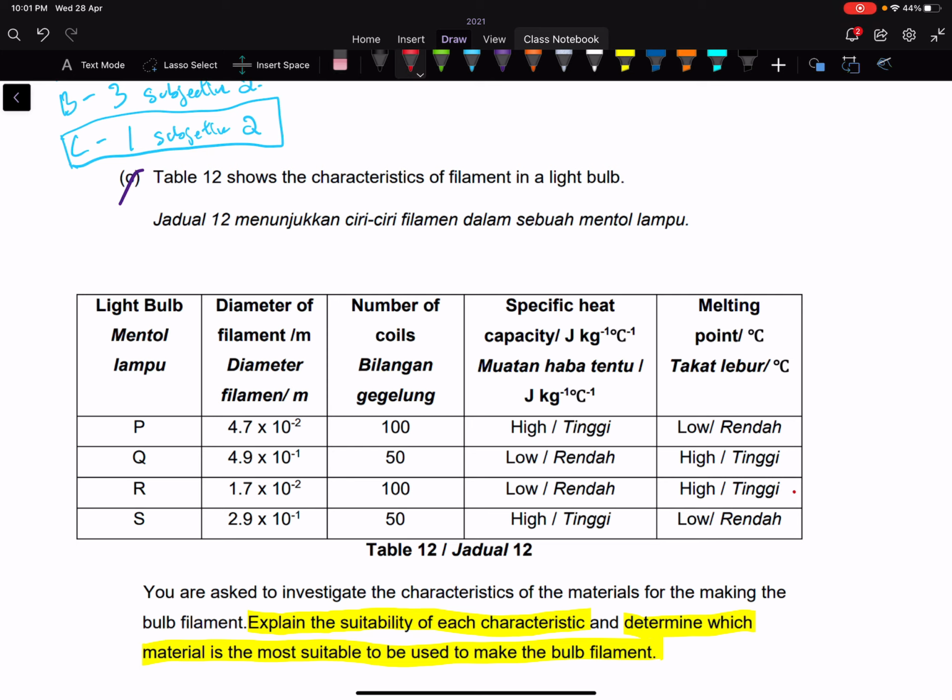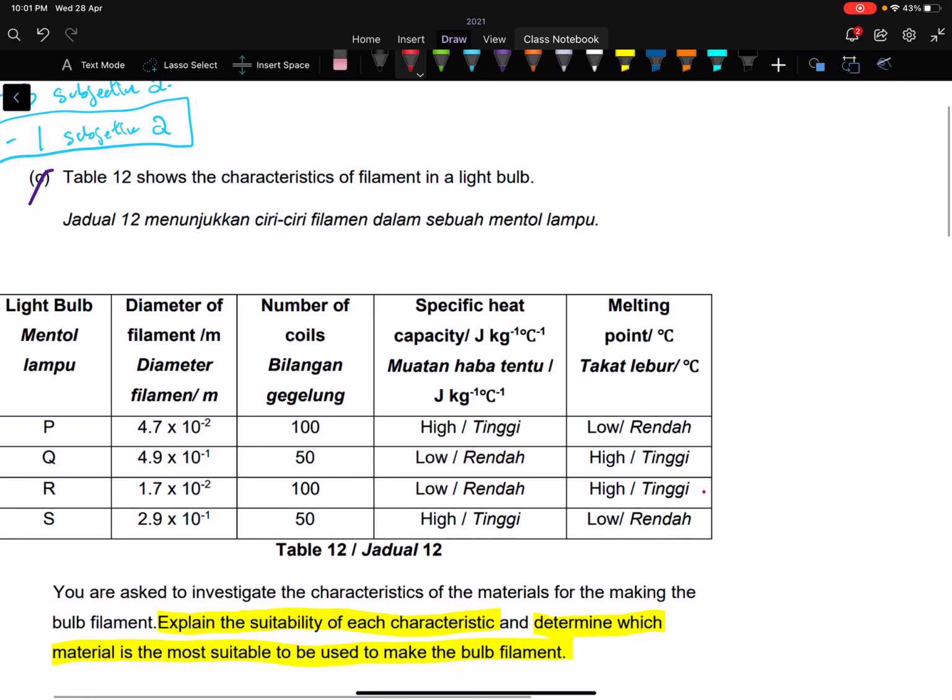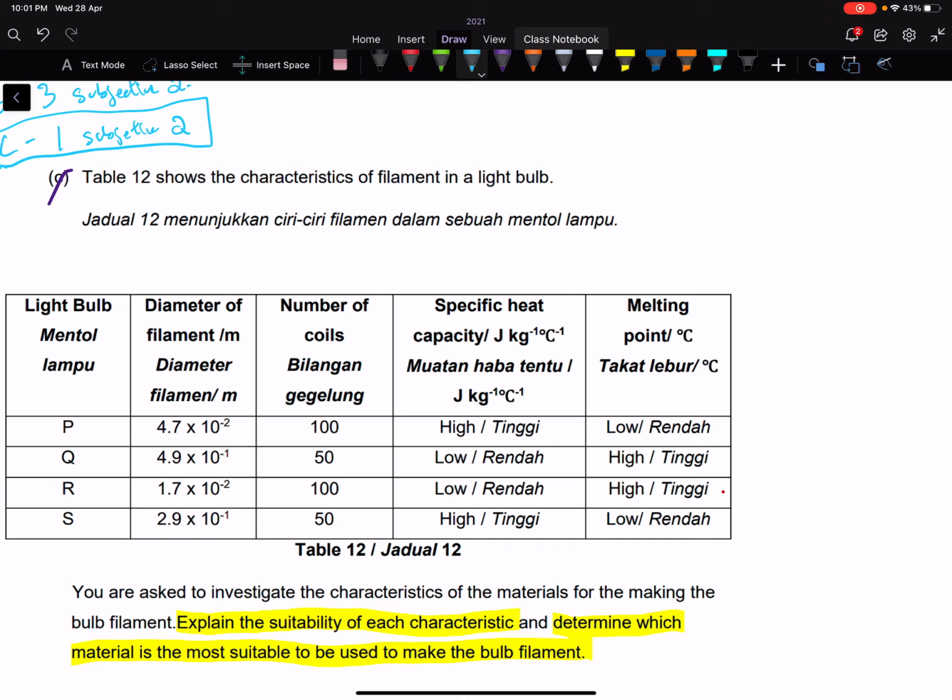Right, so ideally for a light bulb, we're just straight away gonna discuss the answer. So for a light bulb, how does the light bulb work? Basically, you run electricity through a wire. This is for the old Edison light bulb. You run electricity through a wire, and what happens is the resistance in the wire will cause the filament to heat up.